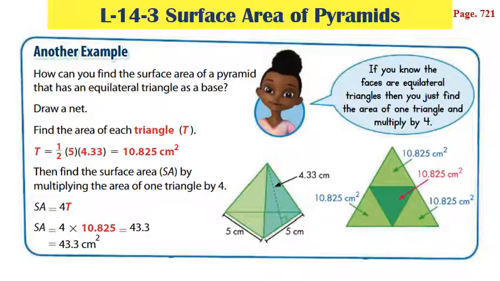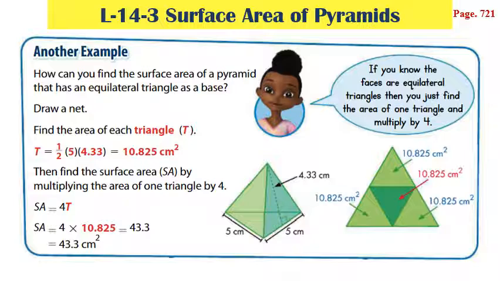My dear students, kindly pay your attention to another example on page 721. How can you find the surface area of a pyramid that has an equilateral triangle as a base? Draw a net. If you know the faces are equilateral triangles, then you just find the area of one triangle and multiply by 4.